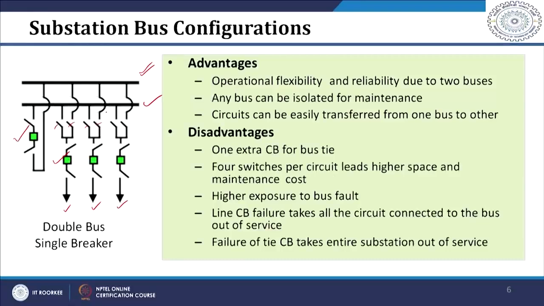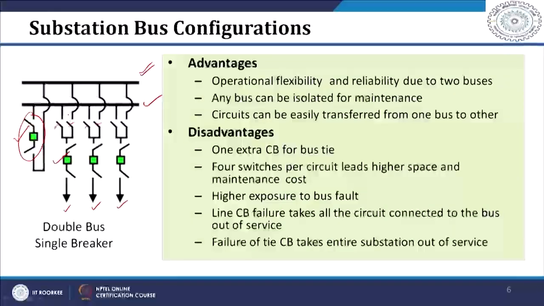But if you see the disadvantages of this particular configuration, again in this case we need one extra circuit breaker for bus tie. Here it is shown, this is the extra circuit breaker for bus tie. Then you can see that for each outgoing circuit there are 4 switches: 1, 2, 3 and 4 switches for each outgoing circuit.